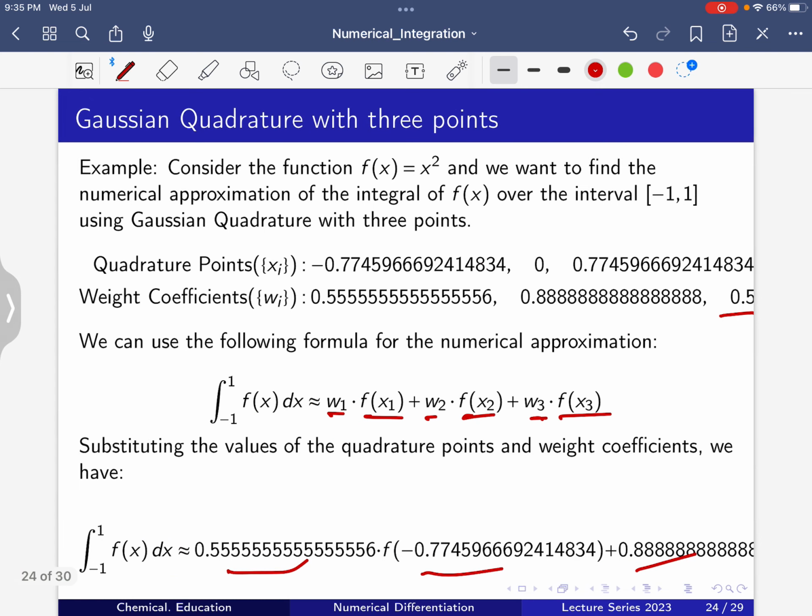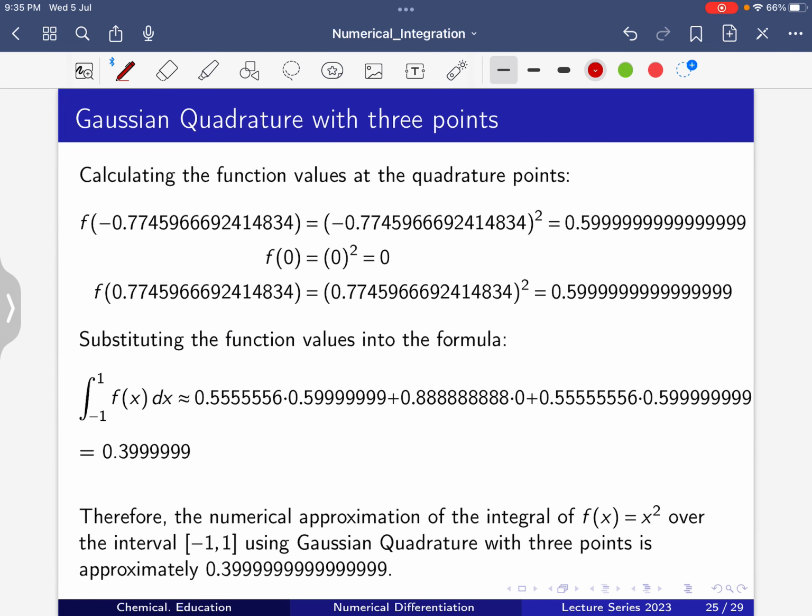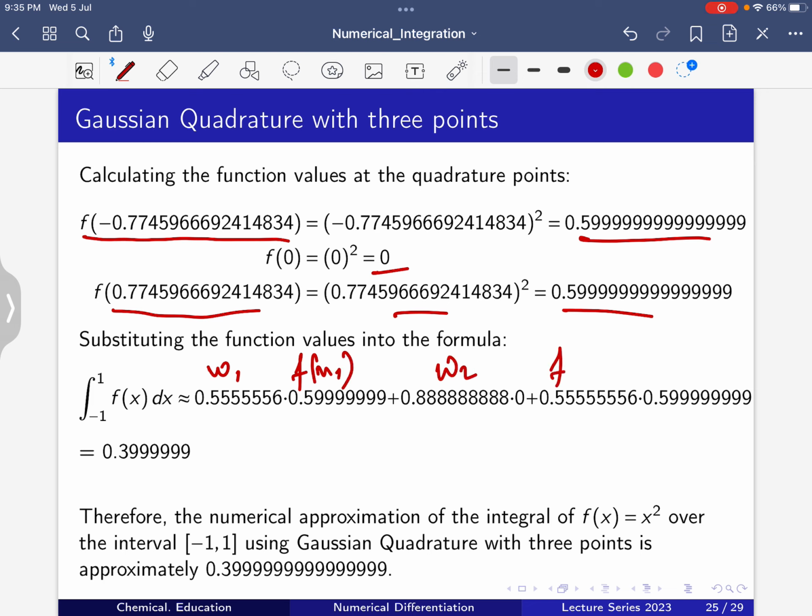Now if we plug in all these values, first we have to calculate f of minus 0.77 squared, that will give this value, f of 0 squared will give 0, and this squared will give this. Now if we plug in all these values, this is w1 and this is f(x1), w2 f(x2), and w3 f(x3).